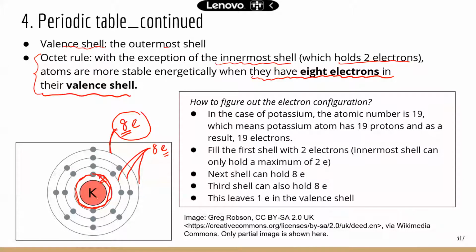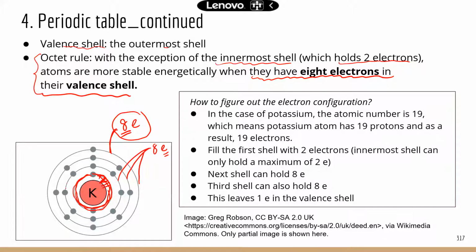If the atom has only 1 shell, then the atom is stable when you have 2 electrons in that shell, because that shell is both the innermost and the outermost shell. So it can only hold 2 electrons at maximum. When it gets to 2, the atom is stable. So there's a little bit of an exception. If you only have 1 shell, you are stable at 2 electrons.